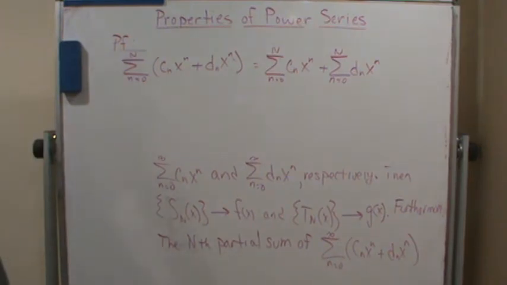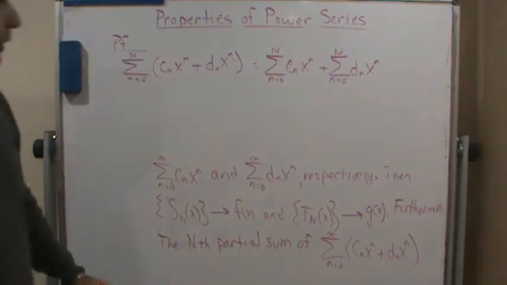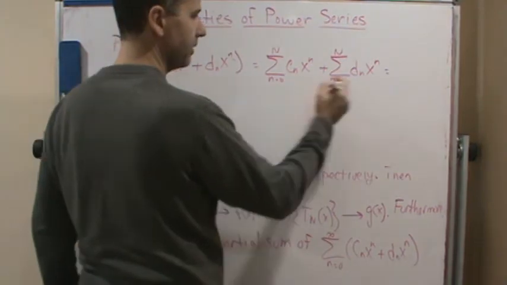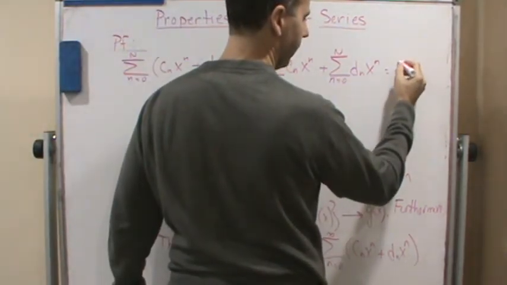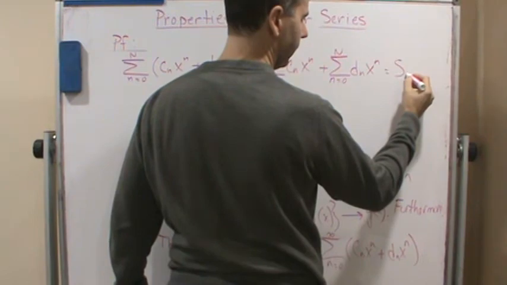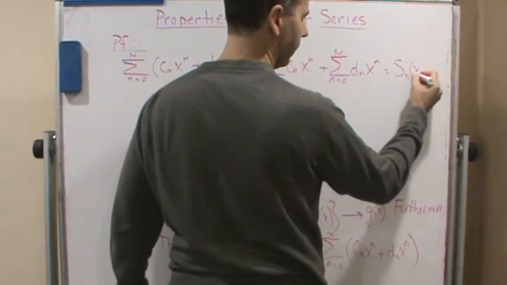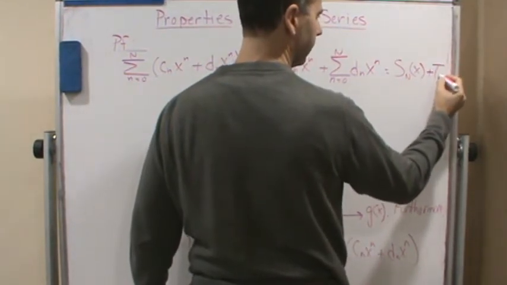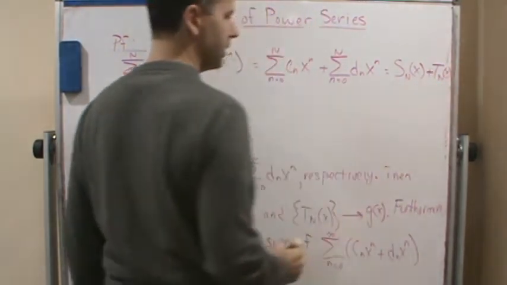Now, what is this equal to? This is just the nth partial sum of each of the individual series. So we can change this to s sub N of x plus t sub N of x.